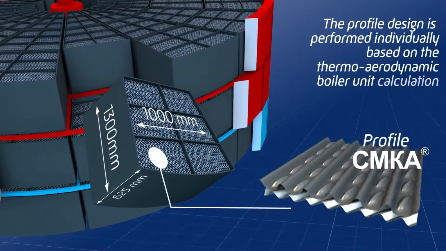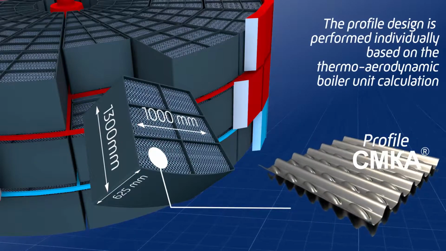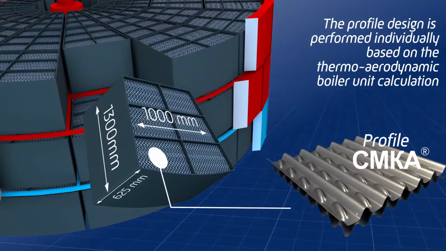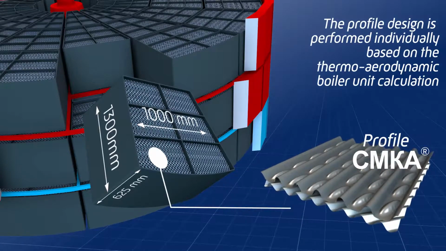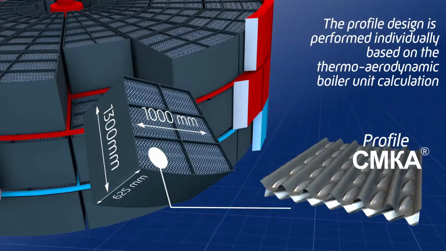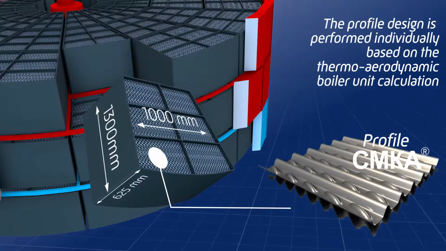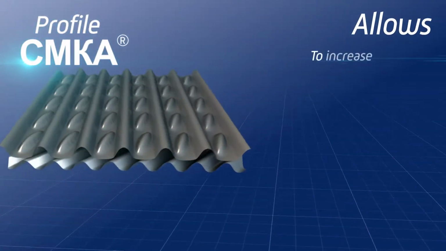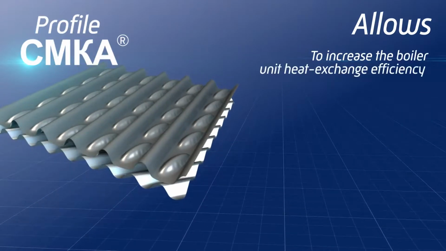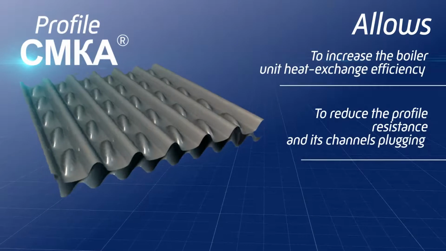The design variants of SMK profile are created by the company engineers individually for each particular boiler unit, based on preliminary thermo-aerodynamic calculations. The results of these calculations are optimal profile configuration and a boiler unit performance forecast. Combined with the high performance of SMK profile, it provides long and stable equipment operation with maximum effectiveness.